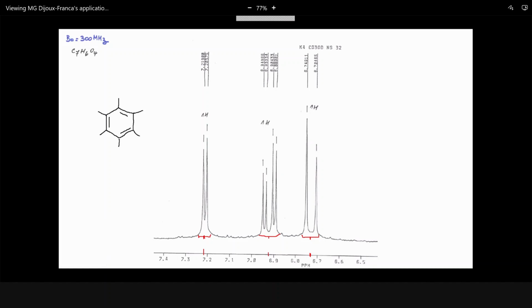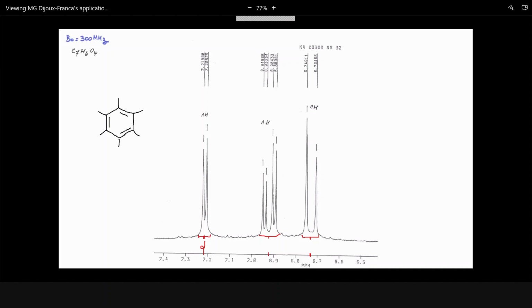So for this first one, what is the shape of the signal? The first one is a doublet. And the second one is a quartet. Are you sure?